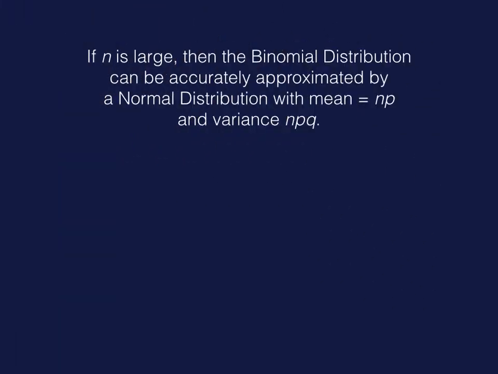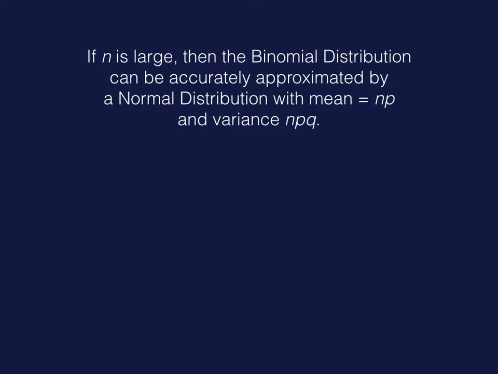There are ties between the normal distribution and two distributions that we learned in the past. So the binomial distribution, if n is large, can be very accurately approximated by a normal distribution with the mean and variance as given by the binomial distribution formulas.